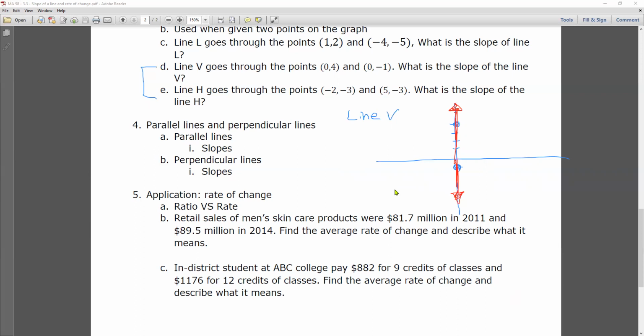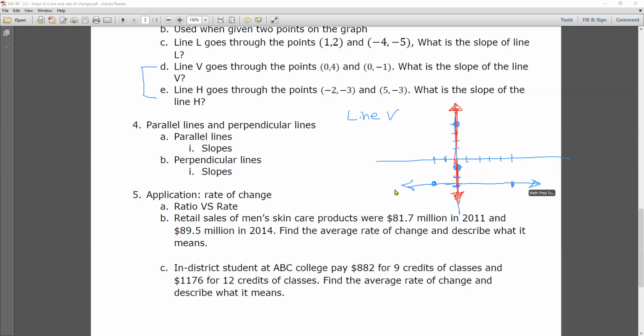If you look at part E, you have -2, -3, and 5, -3. 1, 2, 3, 4, 5. Connect the dots.